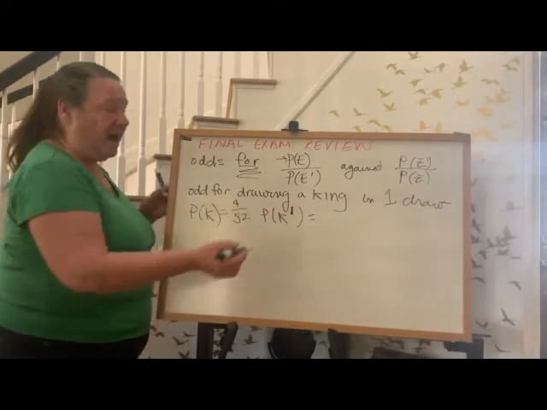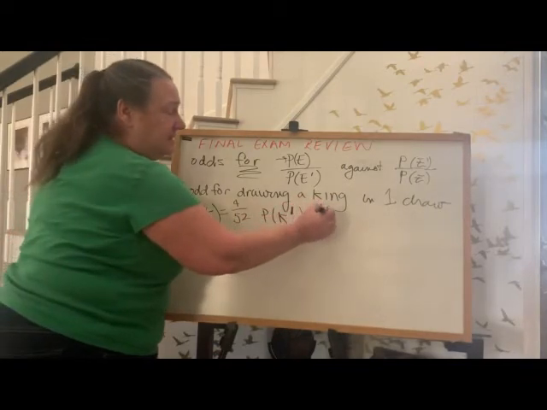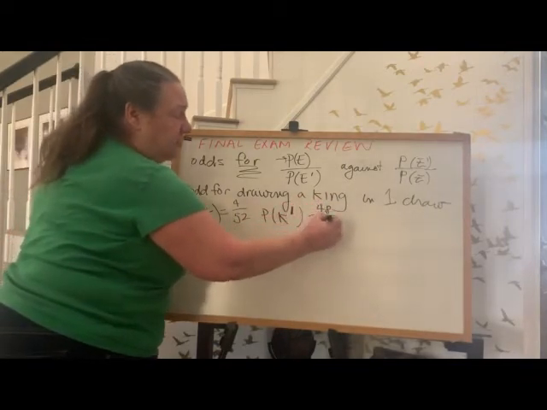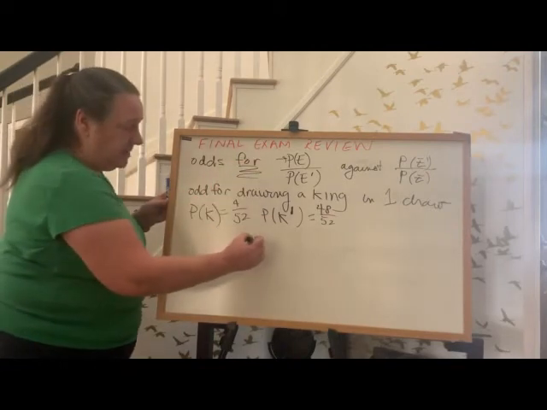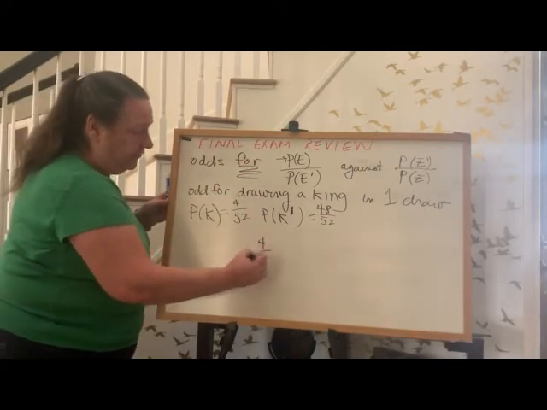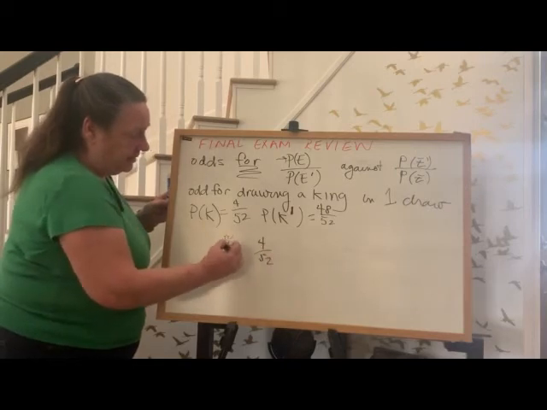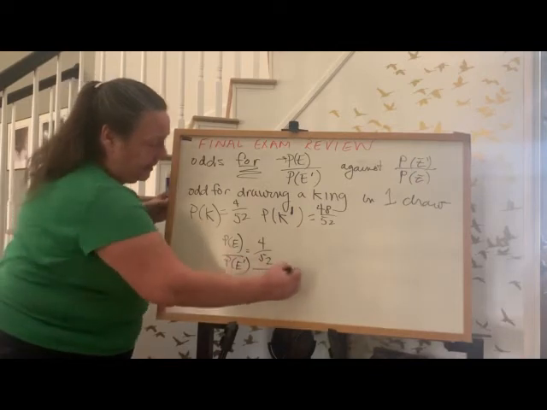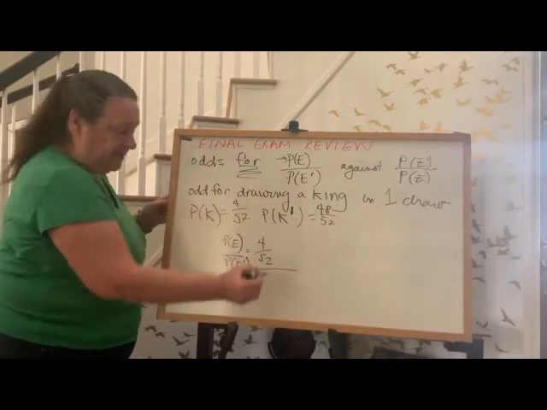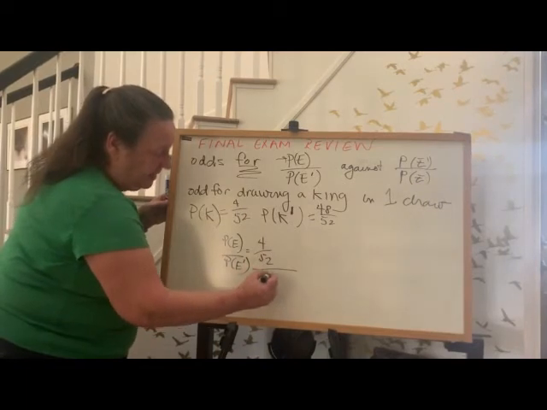That's 48 out of 52. So now I put it into my formula. 4 over 52, that's the probability of the event happening, divided by the probability of the event not happening. Well, not drawing a king is 48 out of 52.